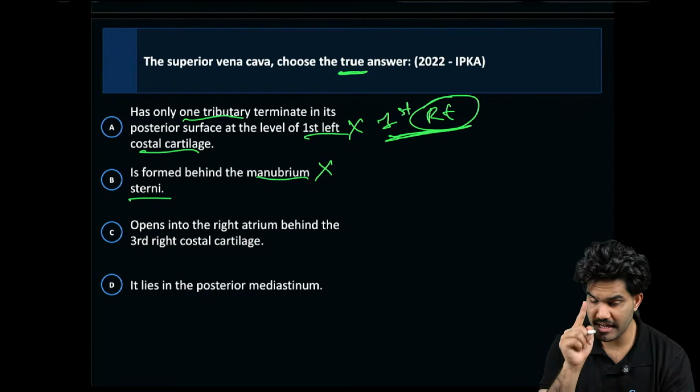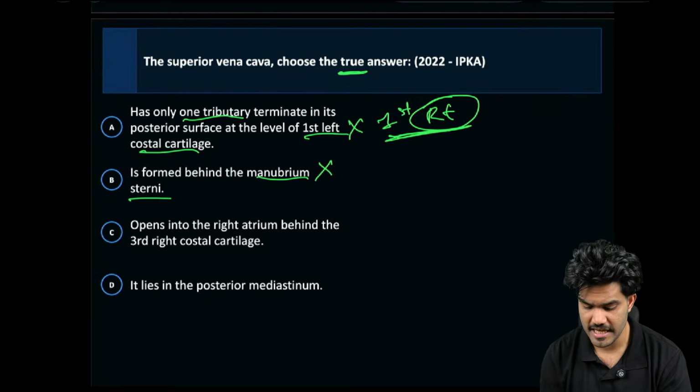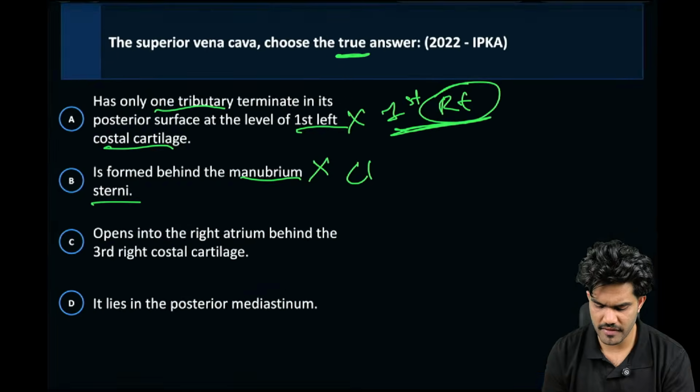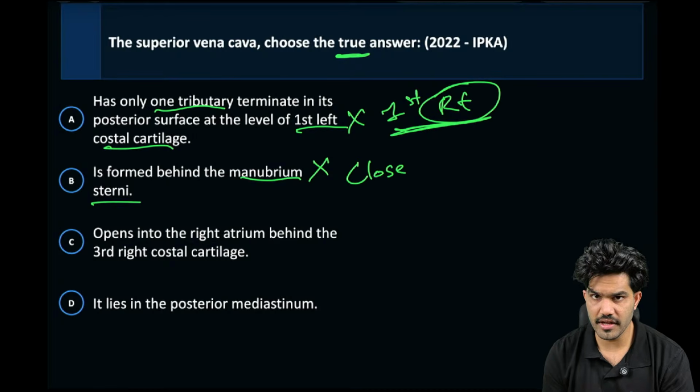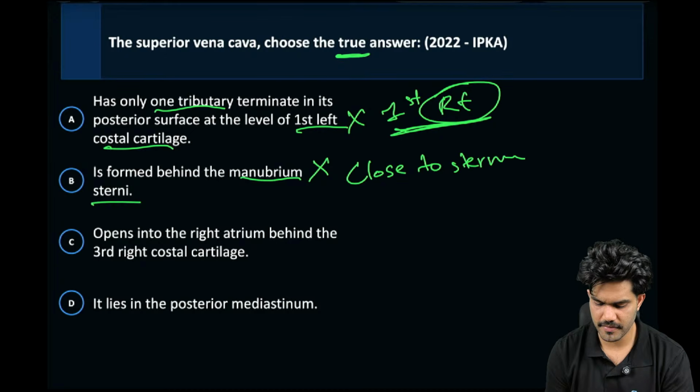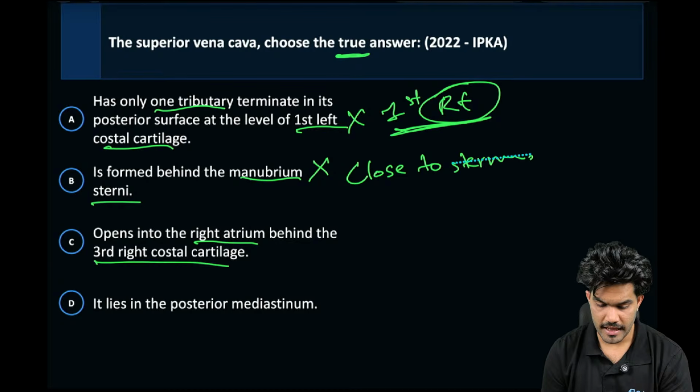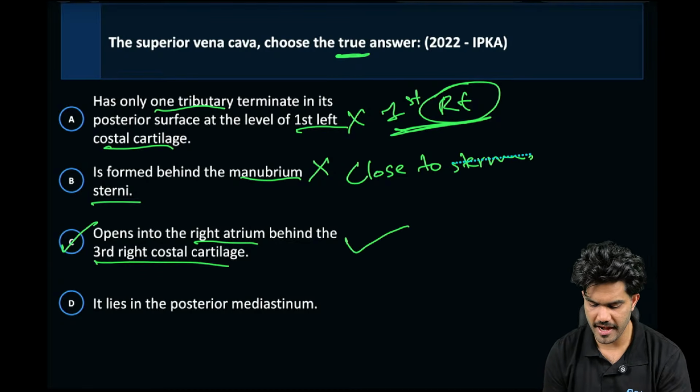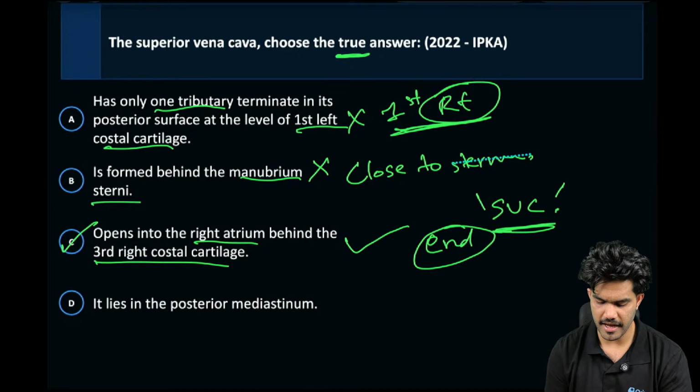No, it is not exactly behind the manubrium sterni, it is close to it. If you have thoroughly read the textbook, you will have noticed close to the sternum. Opens into right atrium behind the third right costal cartilage. Yes, this is the location of the ending of the superior vena cava.